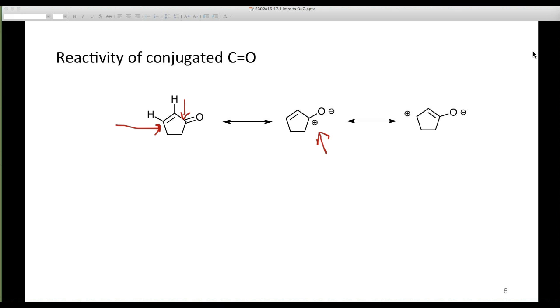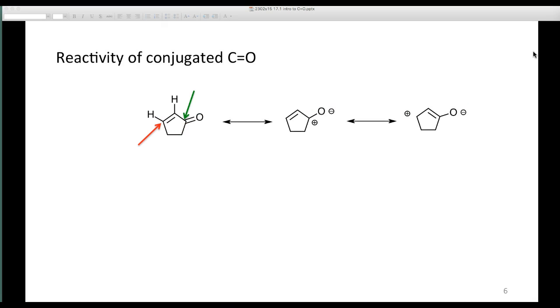And since this is my conjugated pi system, it's just like we saw with the diene. We've got a 1, 2, 3, 4 conjugated system. It's just that now one of the atoms in my conjugated system is an oxygen, not a carbon. But this is an example of my 1,2 electrophile, whereas this would be an example of 1,4 addition.